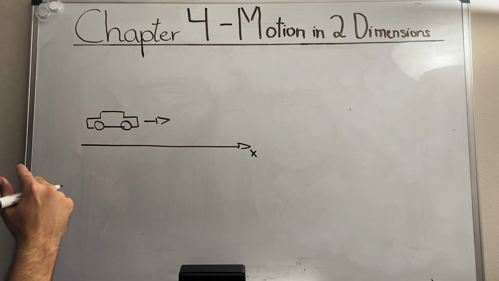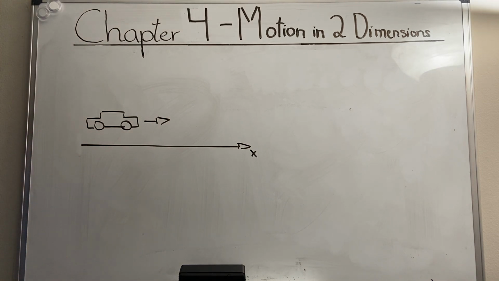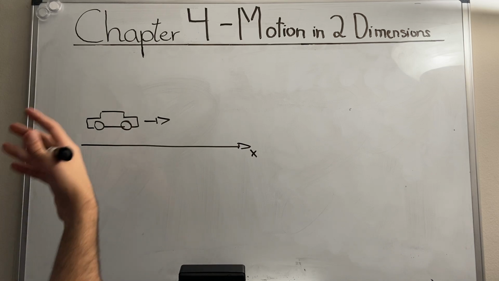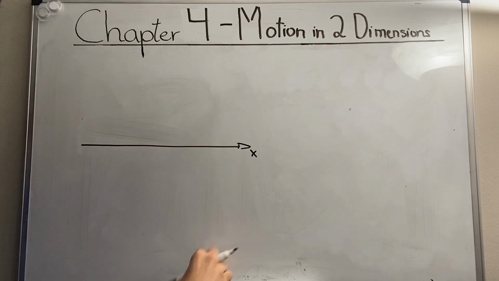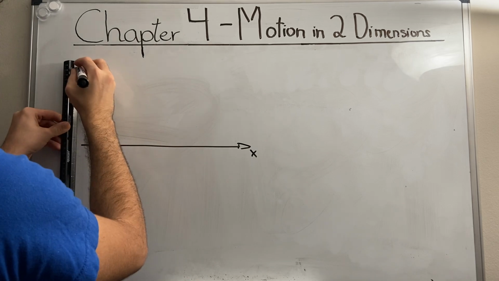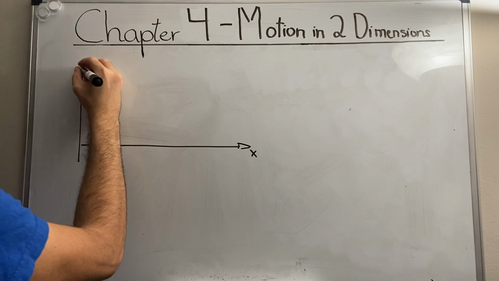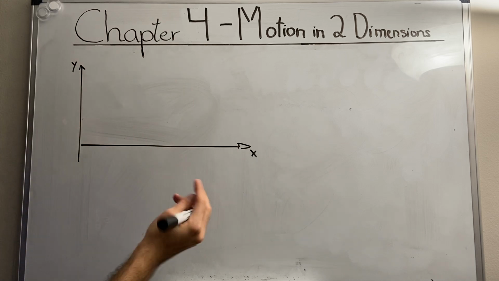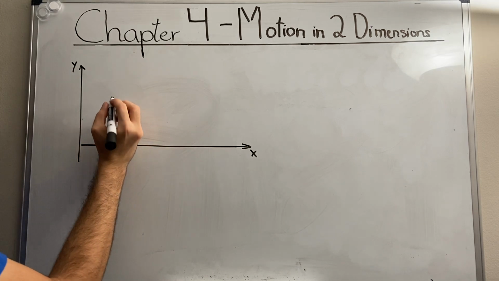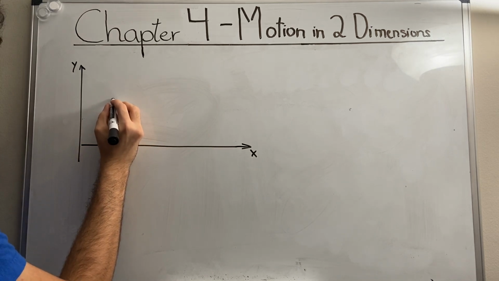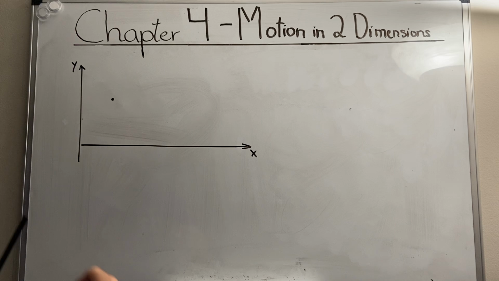However, it's important that we also consider the y-axis, maybe not for a car, but for a particle. Say we want to consider two dimensions, right? Well, we're going to want to know where a particle is in two dimensions instead of one.